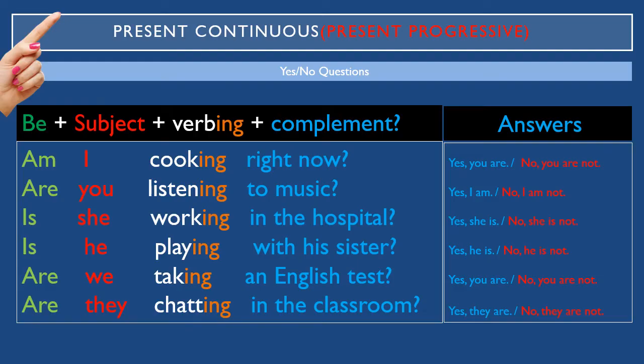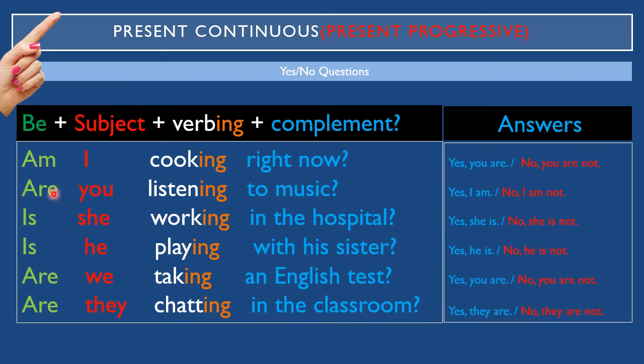For yes/no questions with this grammar, we are going to use the following formula. We are going to use the verb be plus the subject plus the verb with ing plus the complement. So if you notice, the difference between the sentences and the yes/no question is that we basically change the position of the subject and the verb to be. So let's read the examples.